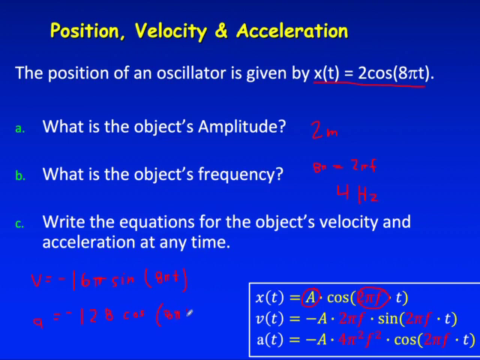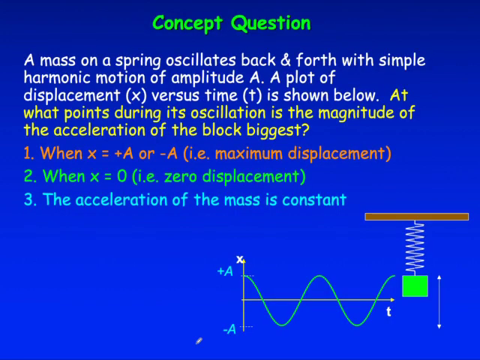I think I got it right. Please forgive me if I didn't. Let's see. 2 pi f, 8. Oh, I forgot my pi squared. So sorry. Negative 128 pi squared cosine 8 pi t. Should be correct. 80, 48. Yeah. Okay. Phew.